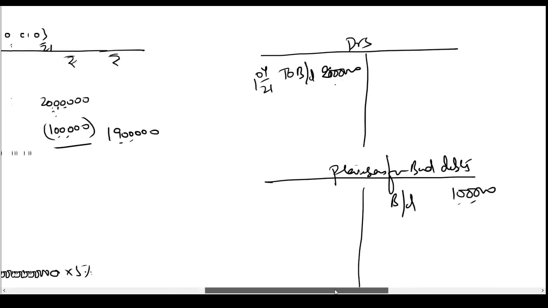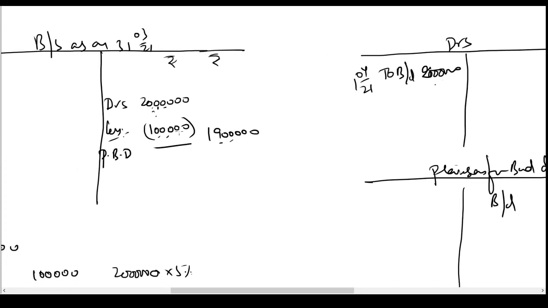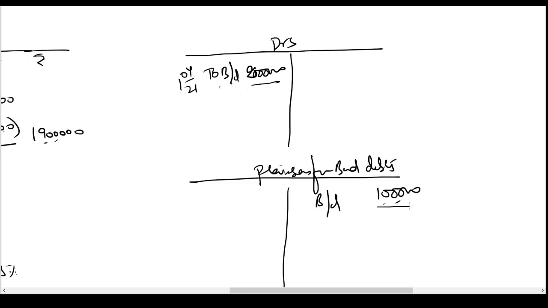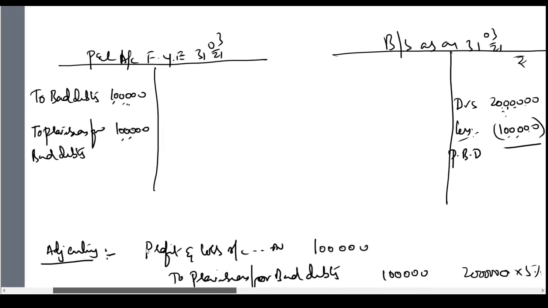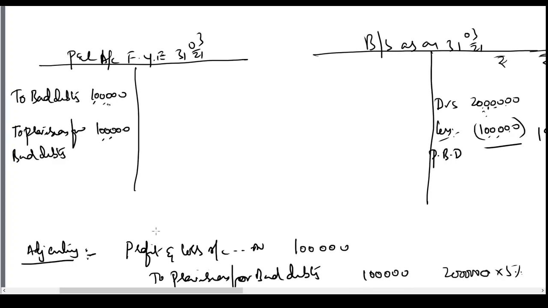So for the sake of showing it in the balance sheet, we show 1 lakh as a deduction from debtors. But next year when the accounts are opened, the debtors account will reopen with full balance, and the provision account will also open with the full balance. So this is how I deal with creation of provision for bad debts for the first time.